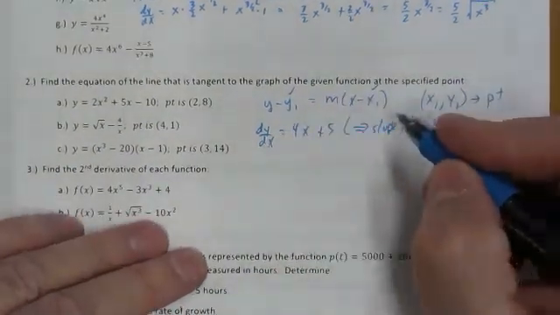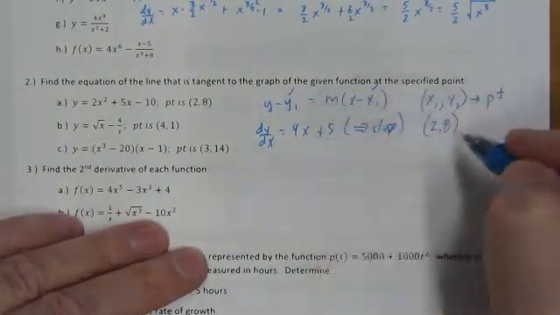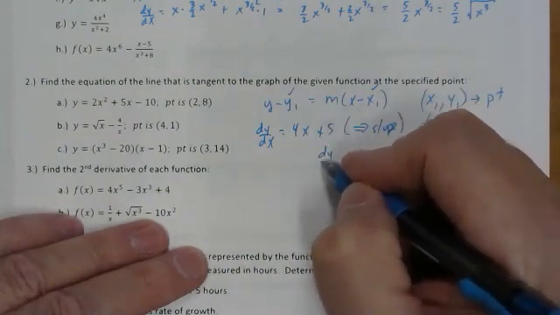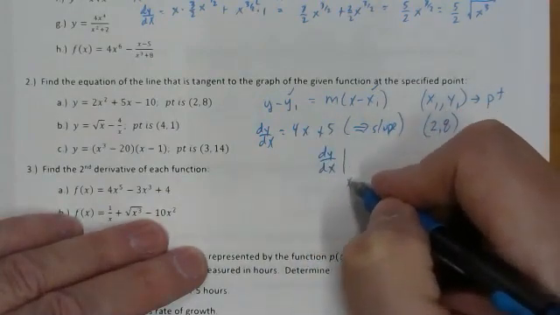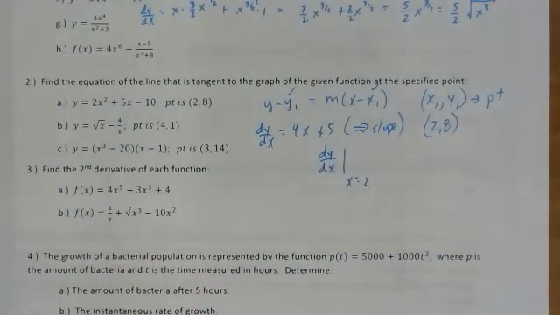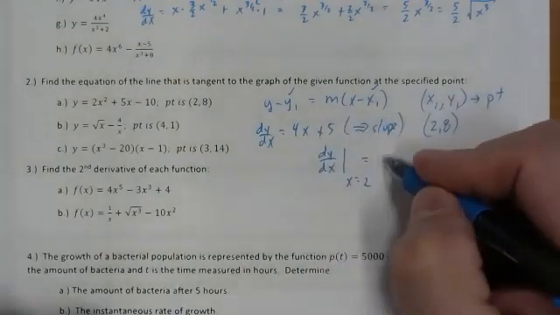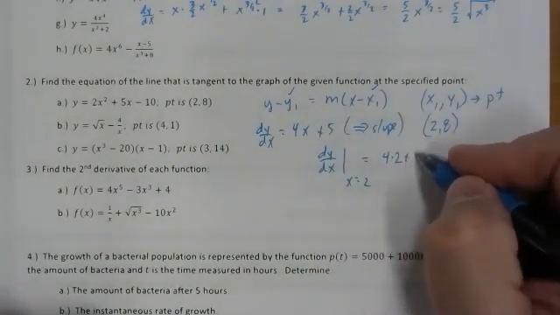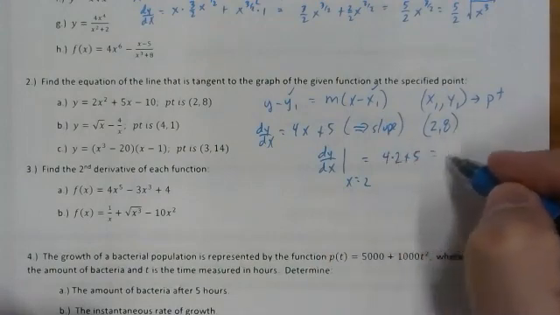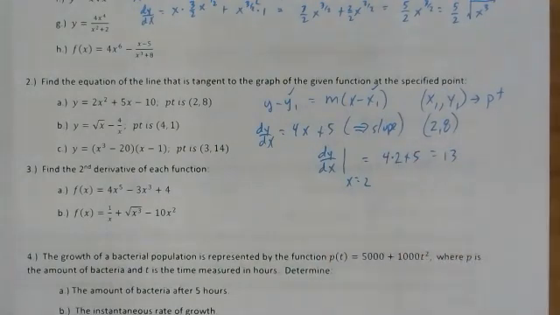So I'm specifically looking at this point where x is 2. So really what I want to do is take the derivative, which is the slope, and see what it is at this point when x is 2. So I plug in 2 for x, 8. Looks like the slope when x equals 2 is 13, or you can say the slope of the tangent line.